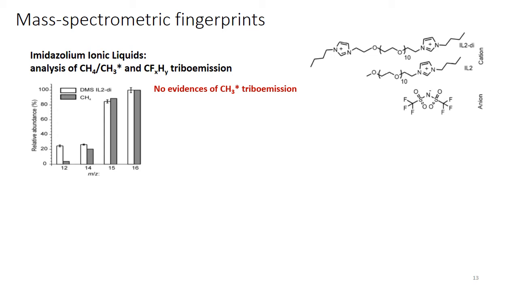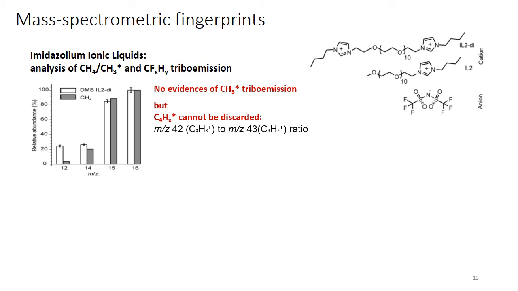This means that if we had only methane, this relationship would be very similar to the standard mass spectrum. But the excess of these ions means there is some contribution from a different molecule, and this molecule can be butyl.